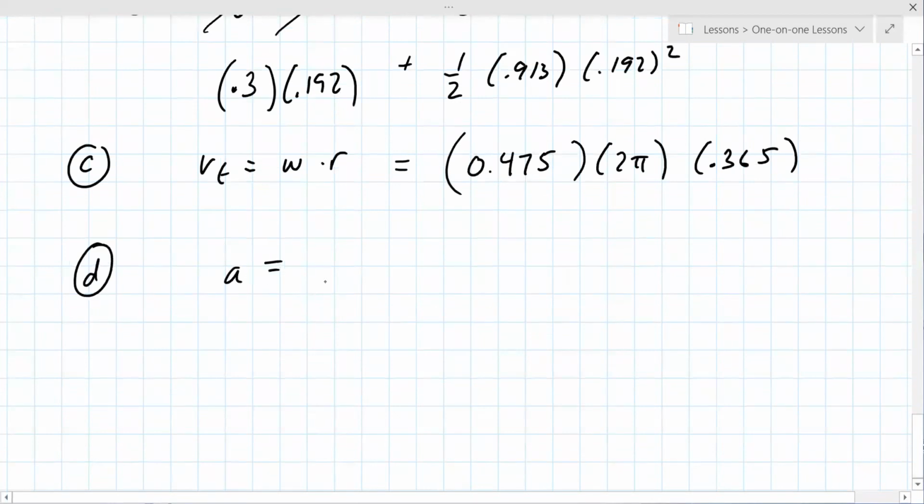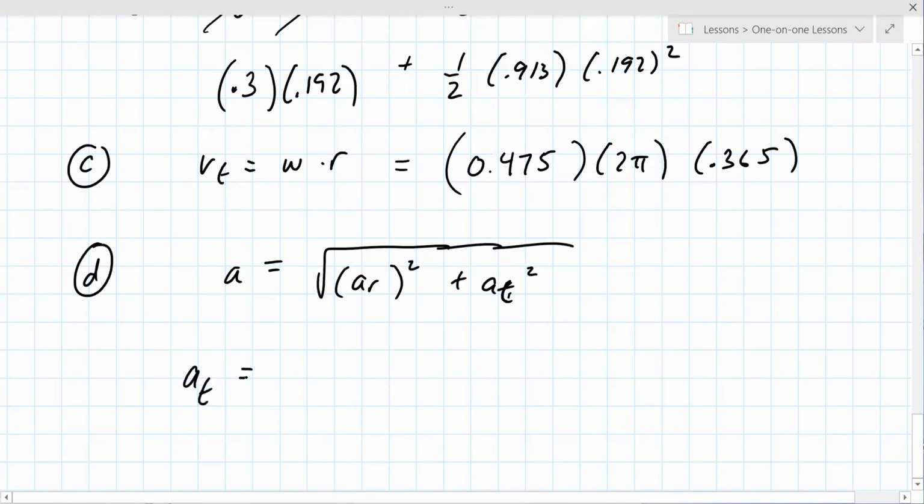Acceleration is the square root of the radial acceleration squared plus the tangential acceleration squared. So you have to find two things. The radial acceleration is omega squared r. So it's this 0.475 times 2 pi, but you have to square that, times the 0.365. That's this one.